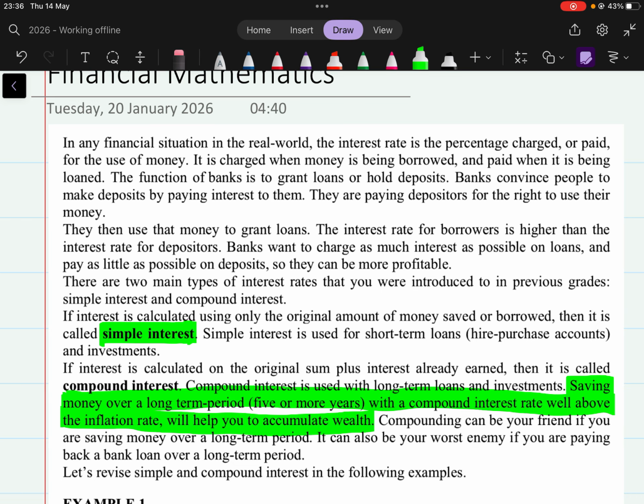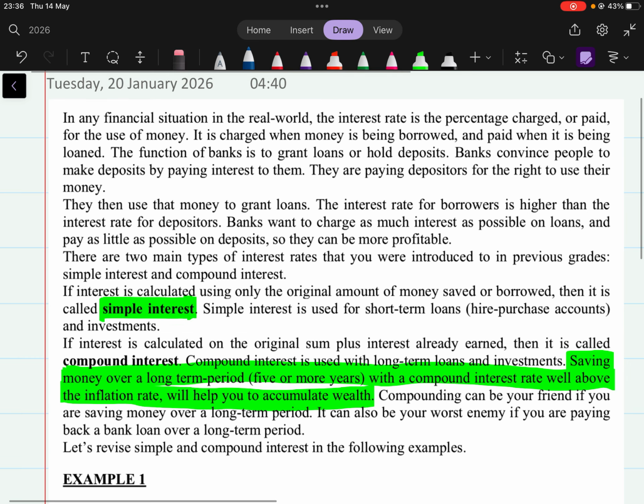Some refer to it as the compounding power: the interest is calculated on the original sum plus the interest which is already earned. That's the bottom line. With simple interest, the interest is only calculated on the original amount, so it does not increase the amount by that much. It always increases by the same original amount factor.